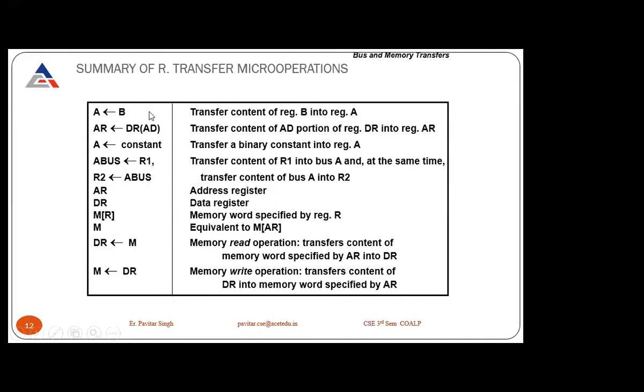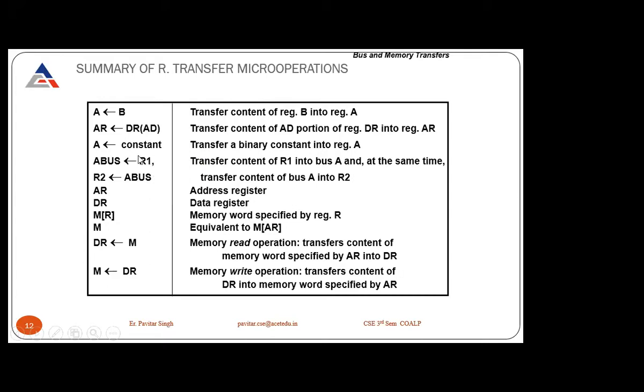So the summary of register transfer micro operations. In the first case, the contents of register B will be sent to register A. In the second case, the contents of the AD portion of the data register will be sent to the address register. In the third case, the constant value will be transferred to the A register. In the fourth case, we have two operations which are written with the help of a comma.